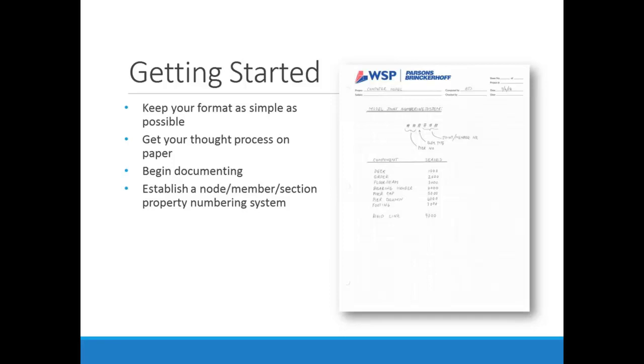That way, in the end, when you're starting to pull results, you can quickly and easily lump results together, and you know what you're looking at before you even look at the user interface in the model. So right off the bat, establish a node, member, and loading convention. You can do that all on paper, or you can do that in your Excel spreadsheet.